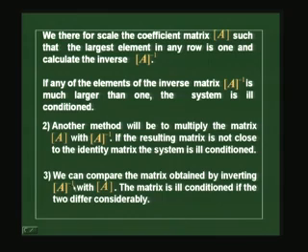As I said in the earlier case, the third process would be that we could find the inverse of the inverse, and then compare with the original matrix. That's another way of finding the condition of the matrix. So there are three different ways of finding the condition. We could scale all the elements and then look at the inverse; if the inverse is large, then it is ill conditioned.